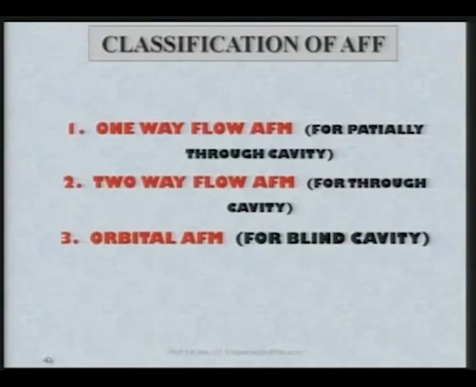Then there is the two way flow abrasive flow machining process, for through cavity, and the third one is the orbital abrasive flow machining process, which is for blind cavity. I will show you all 3 types of the setup, and it will make it very clear what the limitations of all these 3 types of finishing configurations are.